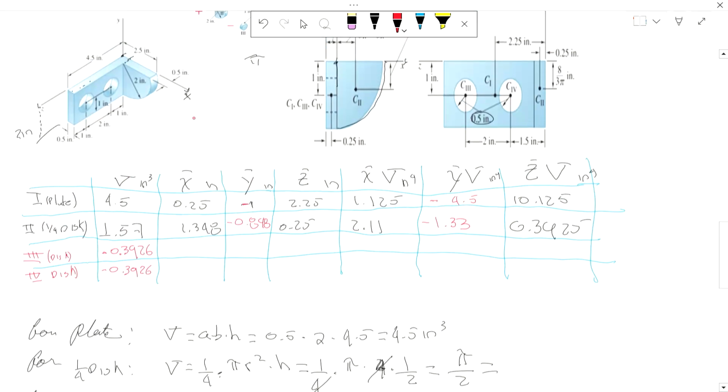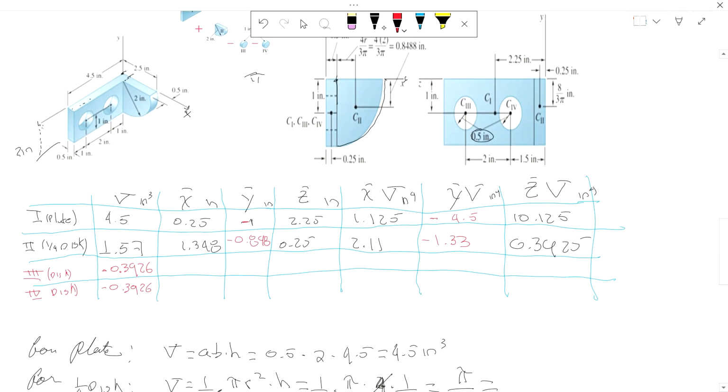All right, in X, these are values that we're going to end up multiplying and subtracting. So in X, oh, it's pretty easy. It's just 0 positive 0.25, and in X it's 0.5 divided by 2, or 1/2 divided by 2 is 1/4.